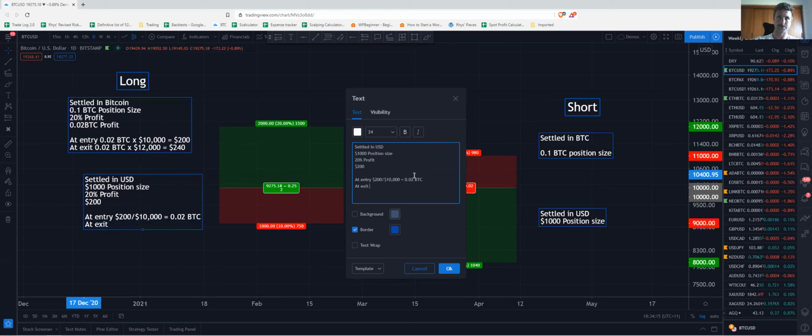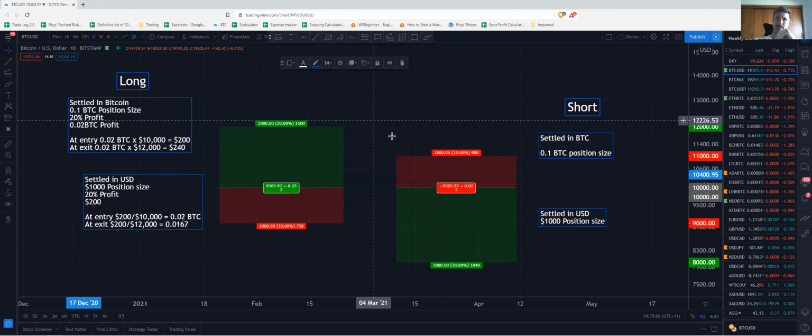So you can see that even though you've made that $200 profit, that's now worth less in terms of Bitcoin. Whereas if you've taken the same trade in the BTC settled options, such as BitMEX, you've made that $200 profit, but it's actually $240 because that Bitcoin is now worth more. So you can immediately sell that Bitcoin and you profit more by taking that long in a Bitcoin settled exchange or a Bitcoin settled trade.